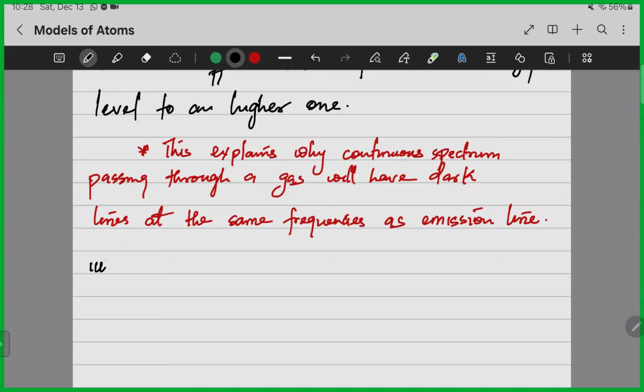So I want to quickly make the points here. You can reread them, understand them, memorize them.